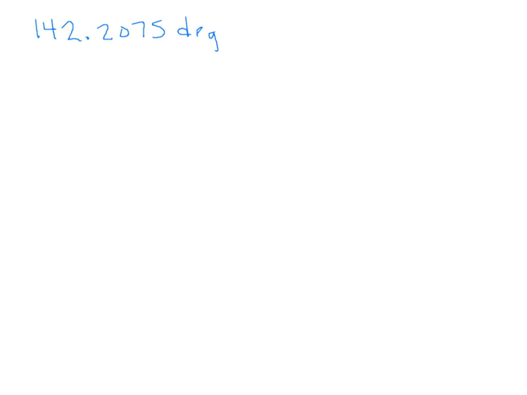And what we want to do is convert that to degrees, minutes, and seconds. Okay? So we know right away 142 degrees is equal to 142 degrees. We don't have to do any kind of conversion for that. Then what we do is we say, well, 0.2075 degrees.